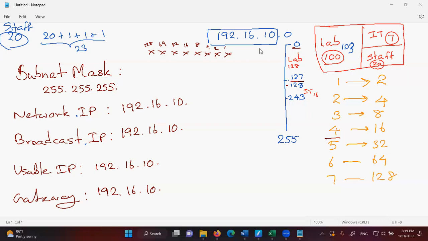So then we have to select this segment. As 23 IPs are needed, we have to divide into blocks of 32. So then we have to go for 5 bits. Here 1, 2, 3, 4, 5. You can divide from here. 1 1 1 0 0 0 0 0. So this is 224. So the new subnet mask will be 224.